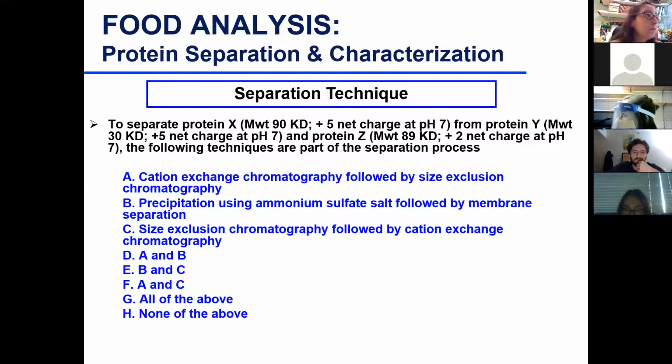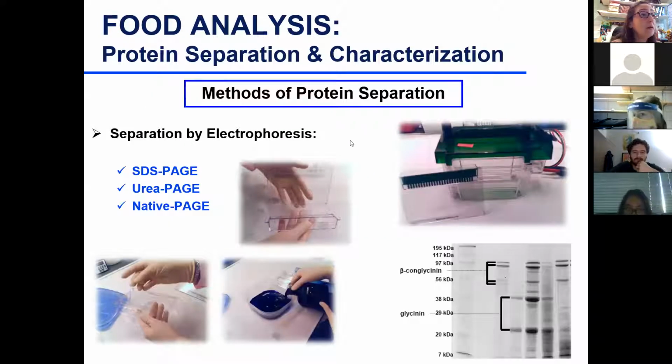Okay, and then last time I went on and started talking about electrophoresis, which is a very common technique we use to look at proteins in a mixture. Usually, if we look at a protein isolate or a concentrate, it's not made up of only one protein. It has multiple proteins in it.